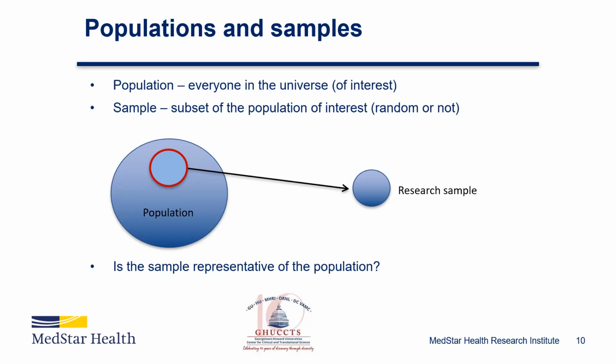The statistics is done on the research sample, and we implicitly assume that the sample is representative of the population, and our statistical test is going to tell us whether there's a high probability or not so high a probability that our research sample is representative of the population.